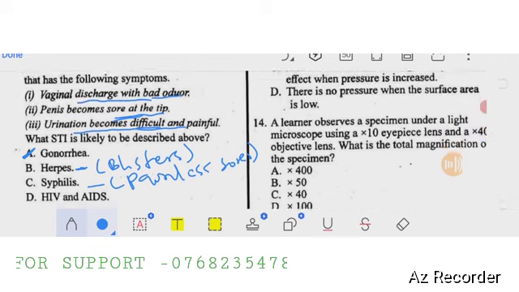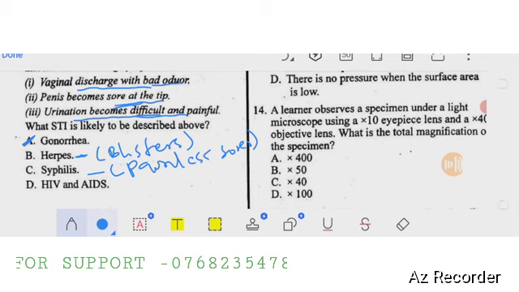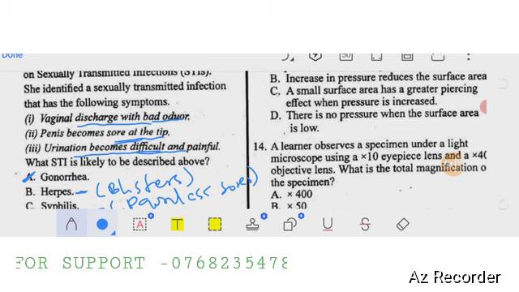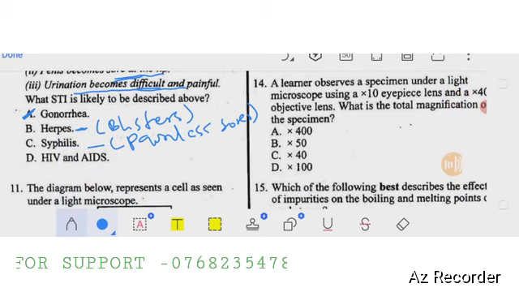So anytime you see painful blisters, you know already that this is herpes. Anytime you see painless sores, it's syphilis. And anytime you see vaginal discharge with bad odor, sores at the tip, and difficulty in urination, the answer becomes gonorrhea.